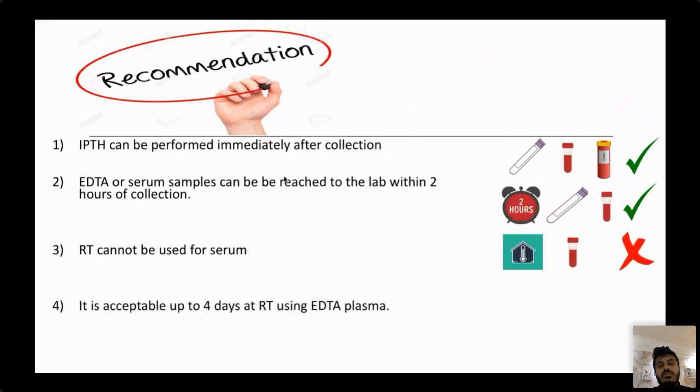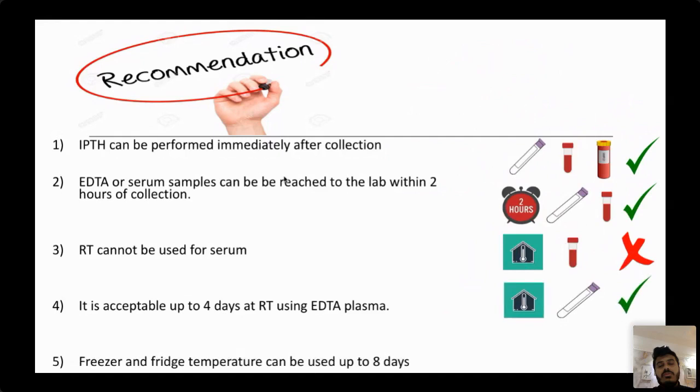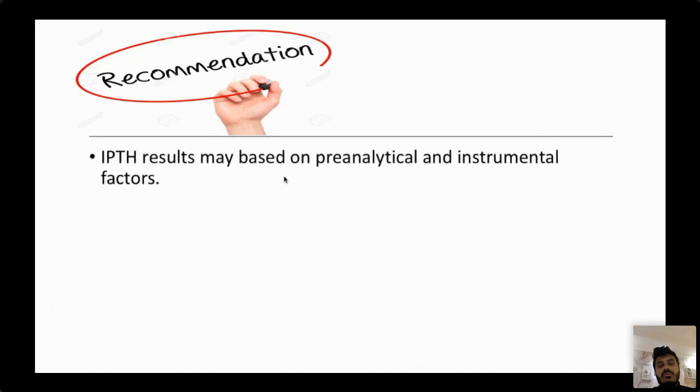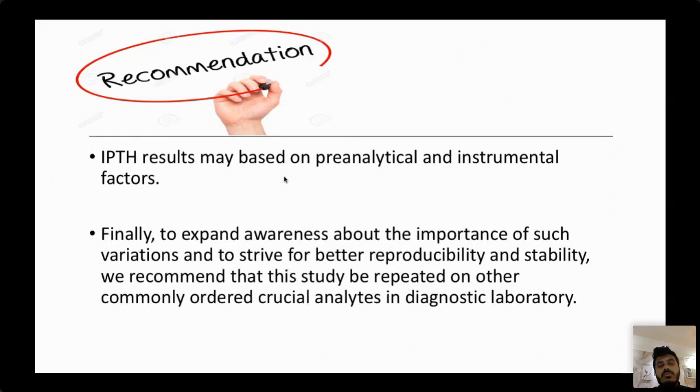It is acceptable up to 4 days at room temperature using EDTA plasma. Freezer and fridge temperatures can be used up to 8 days. Intact parathyroid hormone results may depend on pre-analytical and instrumental factors.